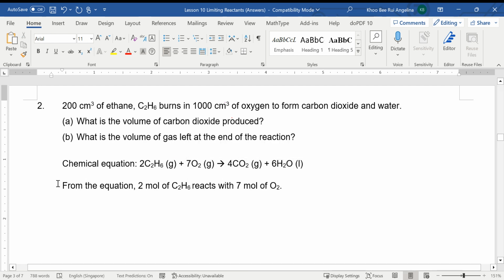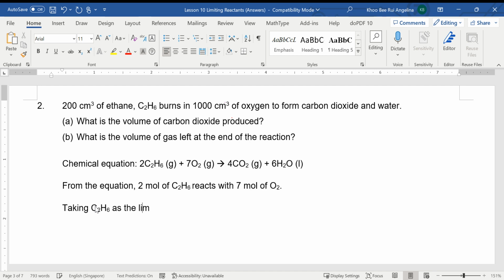Alright, so this is the part where you get an option. You can either choose ethane to be the limiting or oxygen. So I would like to use ethane, so taking ethane as the limiting reactant.